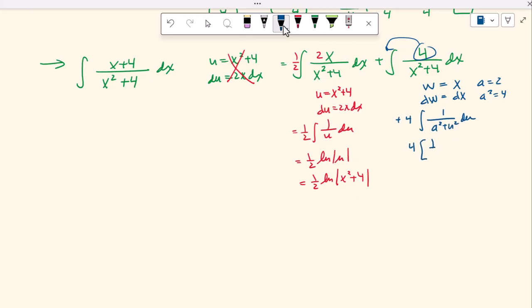So that integrates into 1 over a arctan u over a. Okay, so let's fill in what we know. 1 over a arctan u, or actually this is w. I should be using w. Let me put these w's back in here.